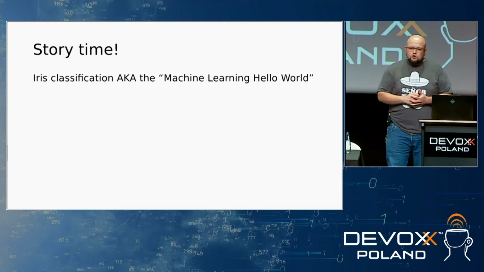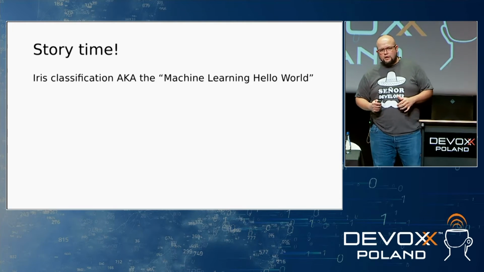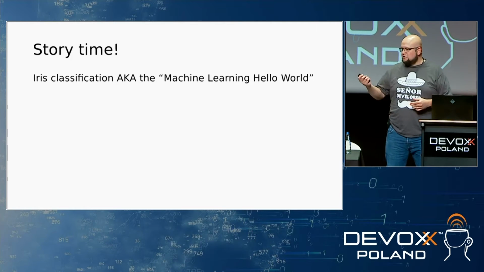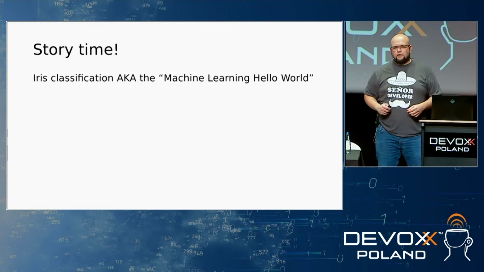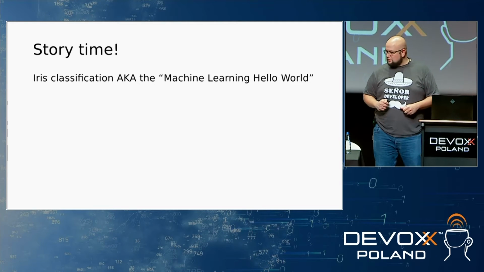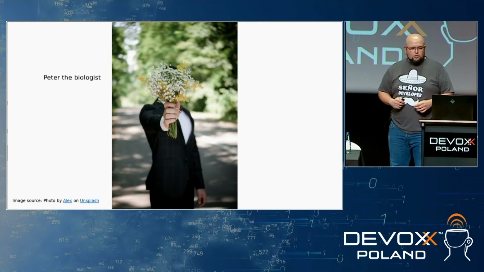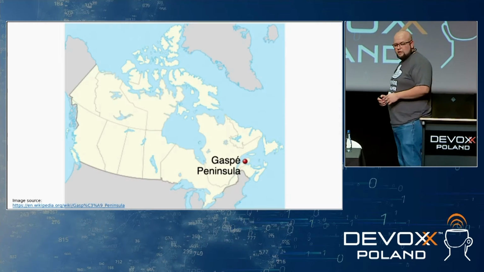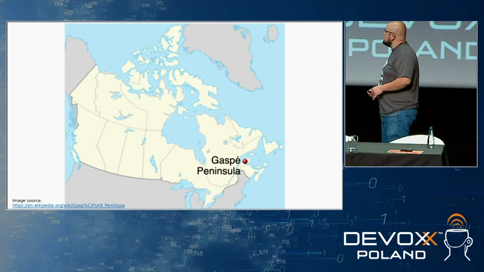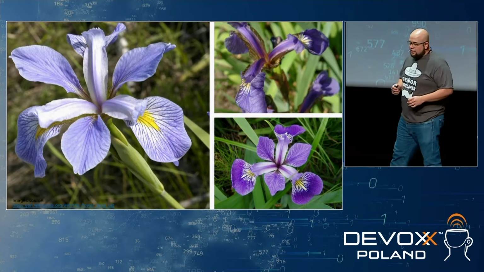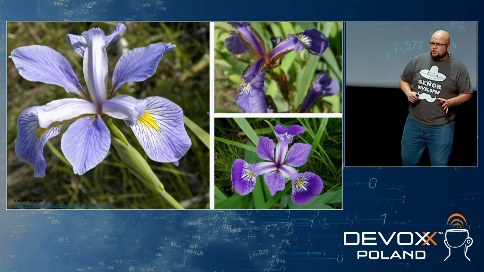So now, to have a look at the basics of machine learning, let's have a story. It's about the iris classification, the iris dataset, also known as the machine learning hello world. So there was this guy, Peter the biologist. He used to live in Canada, in this Gaspe Peninsula. And there, these flowers caught his attention.